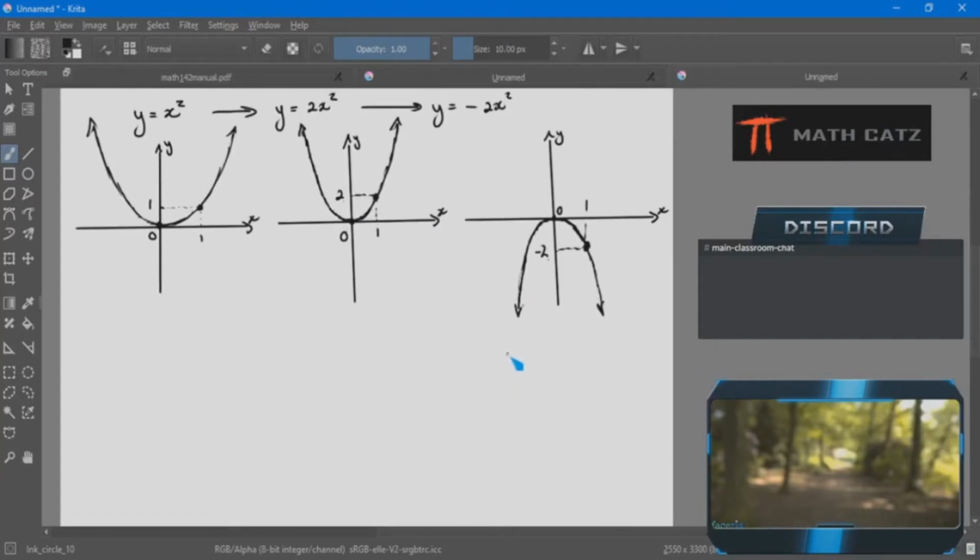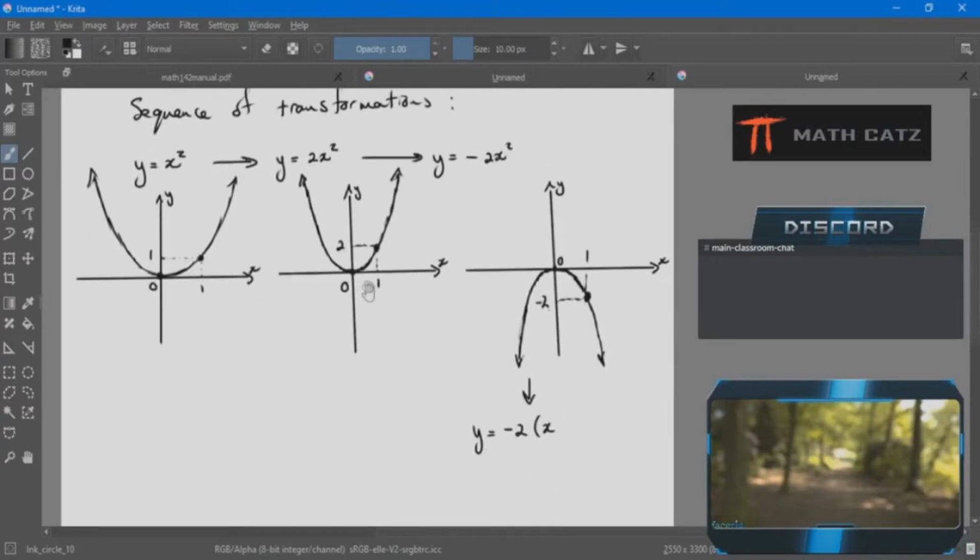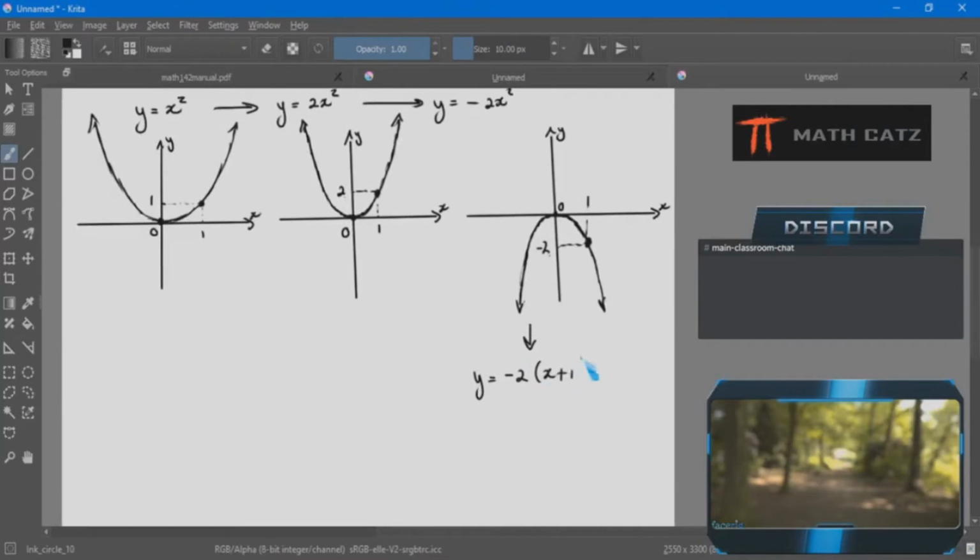And then we said, we'll take it down here to replace x with x, what was it? Plus 1. Plus 1. Let's set that up.